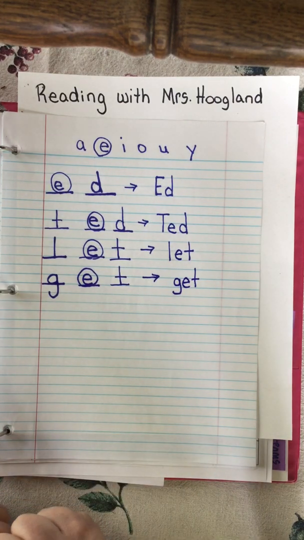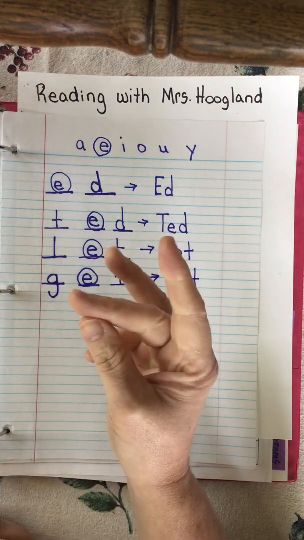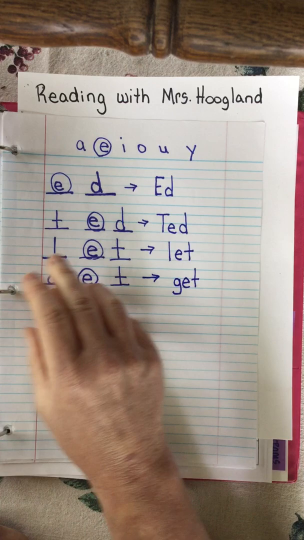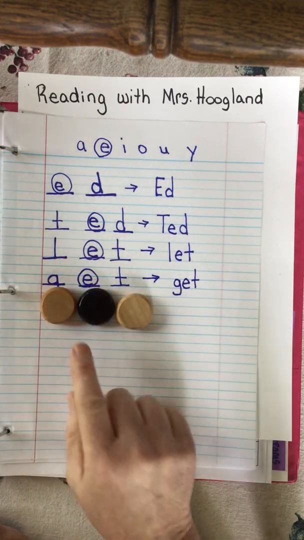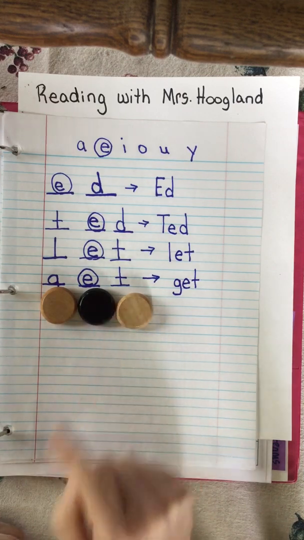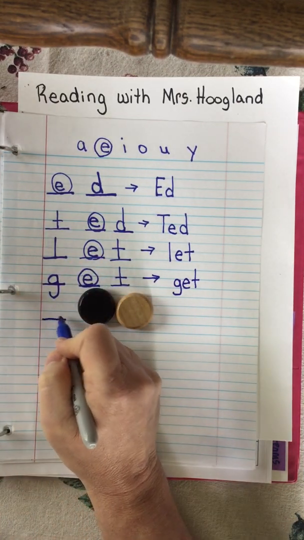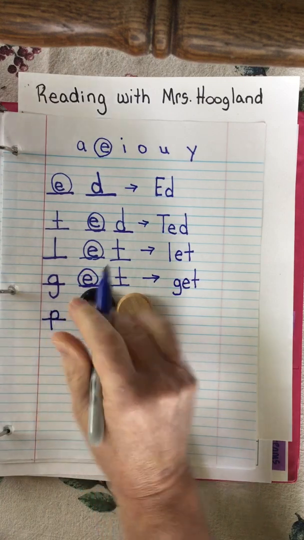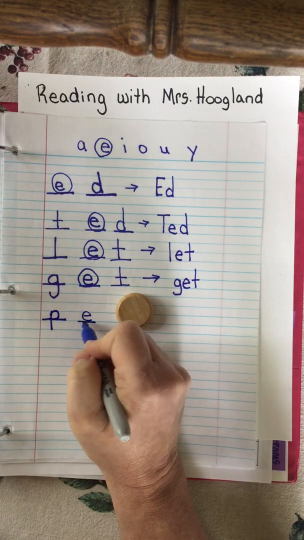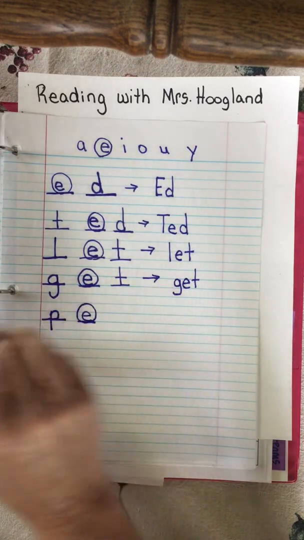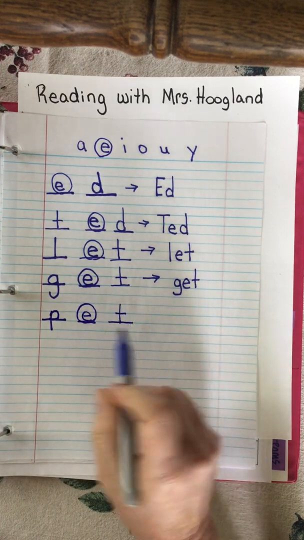The next word I'm going to do is pet. Sound it out. P, et. I hear that eh. How many sounds? Three. P, et. Pet. There's that E again. Let's put it together.